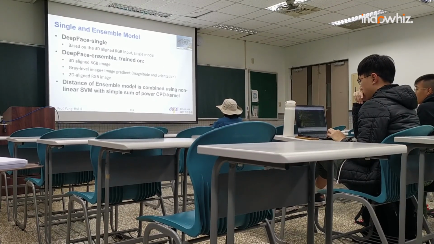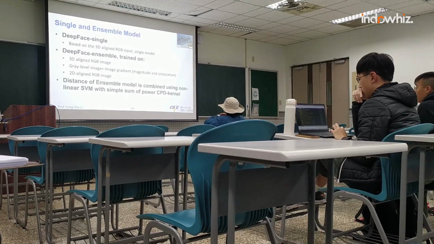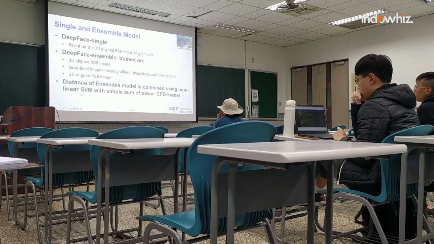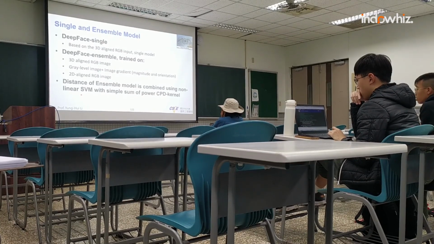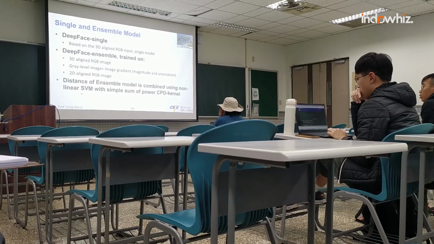Because you have multiple models, and then you can use this vector as a new feature. Use that as a feature, and you train a nonlinear SVM to perform on that feature. Yeah. So it's trying to combine a lot of different machine learning and deep learning techniques in this model to improve its accuracy.